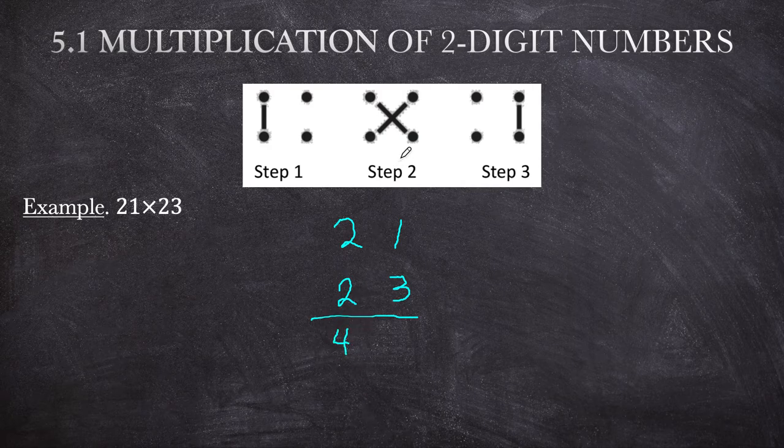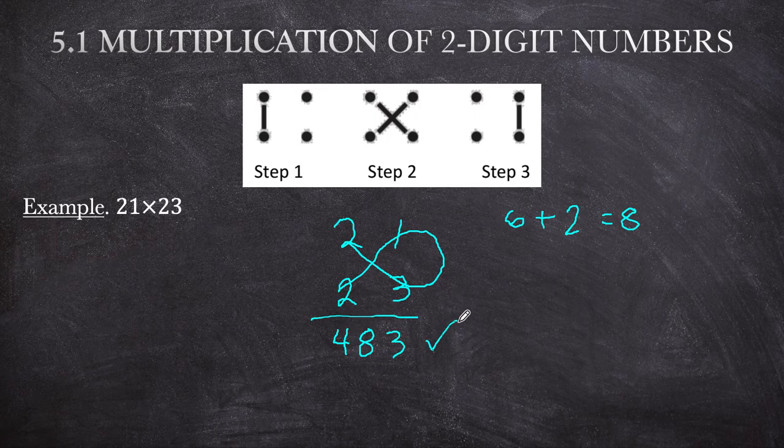And then step two will be the crosswise method. 2 times 3 is 6, plus 1 times 2 is 2, giving us 6 plus 2 is equal to 8, and that's our middle step. And then lastly, 1 times 3 is 3, and this is our answer in multiplication of 21 times 23 in a one-line fashion, everybody. Okay, so that's one example.